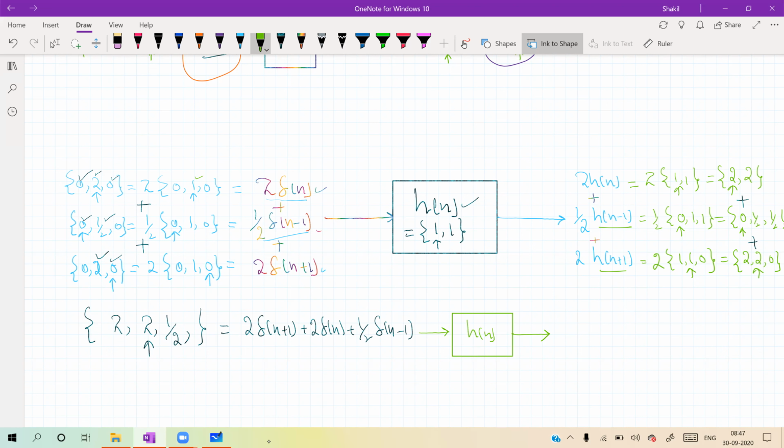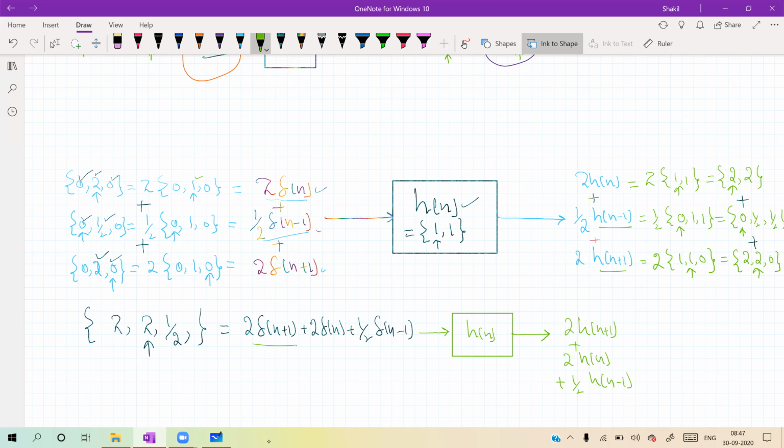So the corresponding output is simply the sum of these. So the corresponding output will be twice h of n plus 1 plus twice h of n.